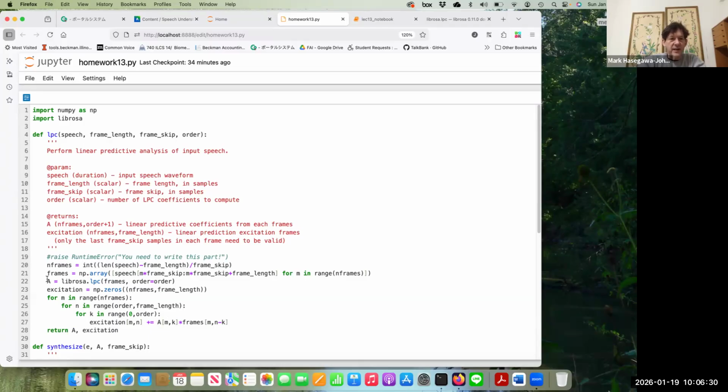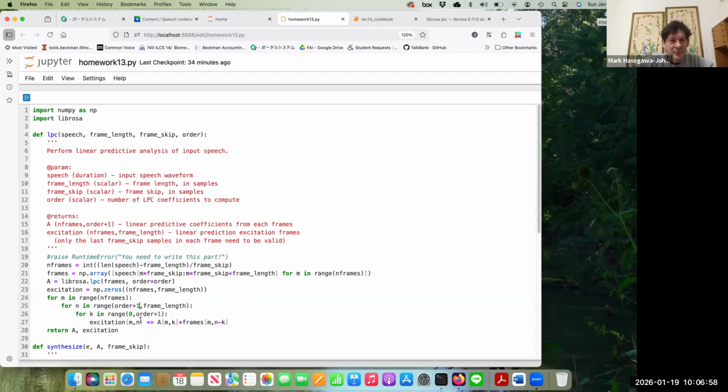There we go. So we've calculated the LPC coefficients with an order equal to 10 or whatever we specified. We created the excitation as an all zeros matrix. And then for each frame, we took the samples from order up to frame length. And for k in the range from 0 up to order plus 1, if the order is 10, we need to go up to 10, not up to just 11. So maybe this needs to be order plus 1.